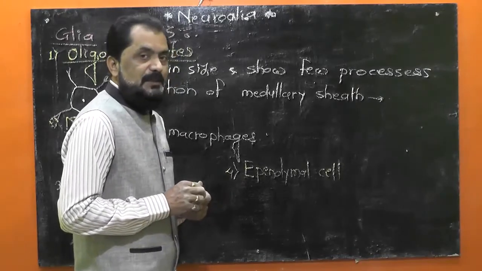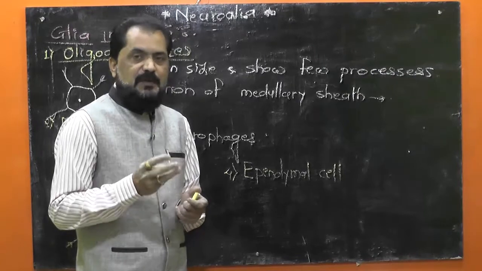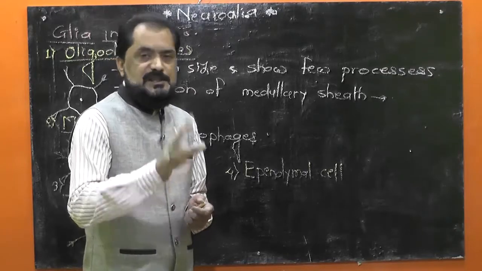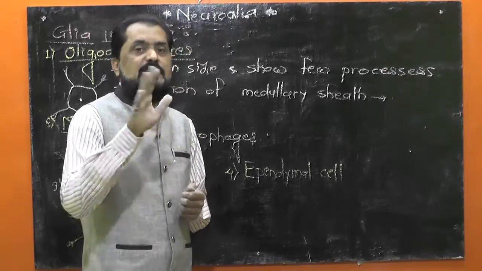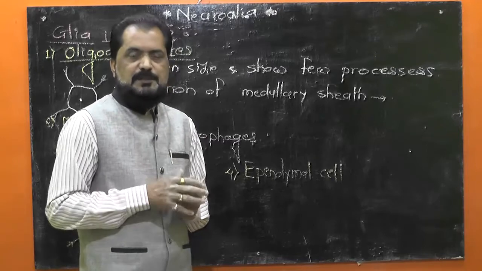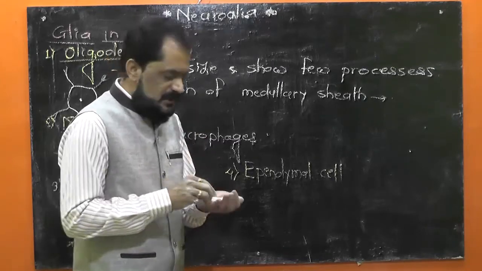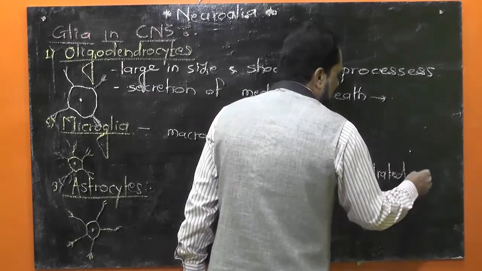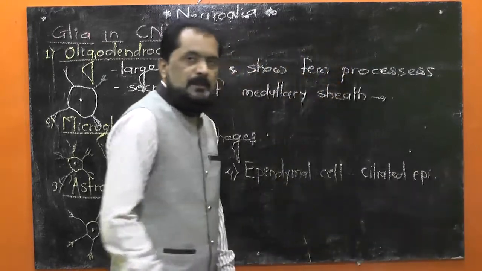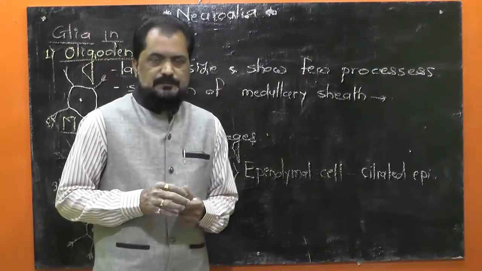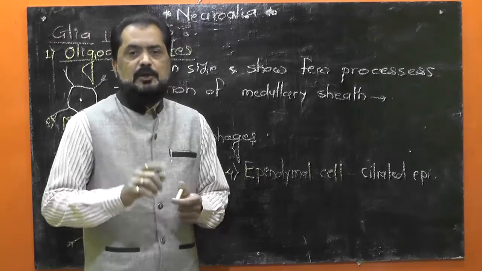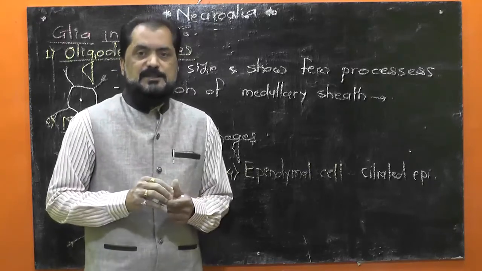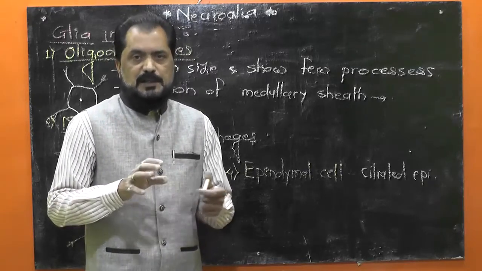Actually, these ependymal cells are nothing but squamous or columnar or mostly ciliated epithelial cells. Okay? These ependymal cells are present as a single layer of cells which form the lining of ventricles of brain as well as central canal of spinal cord.